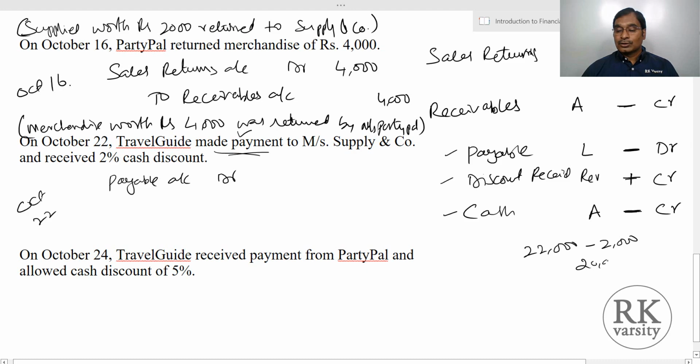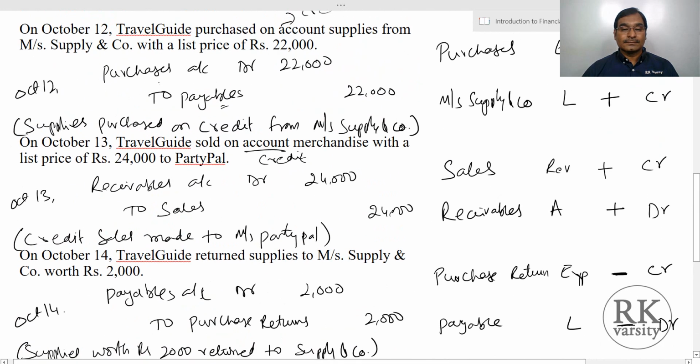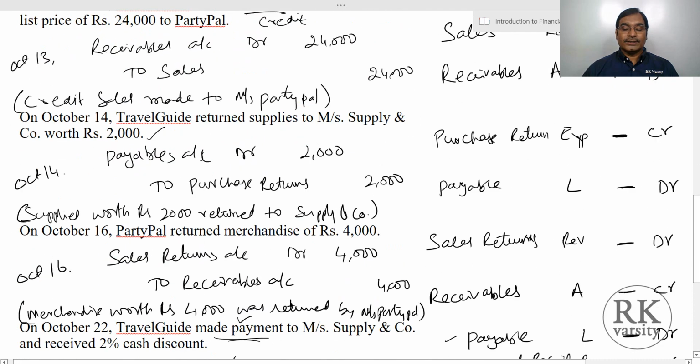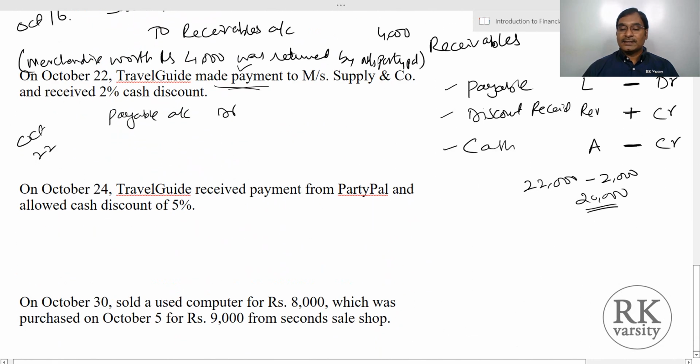So the amount to be paid is 20,000. Now just we can see here. From Supply Co. we purchased 22,000 and then we returned 2,000. So 22,000 minus 2,000 is 20,000.